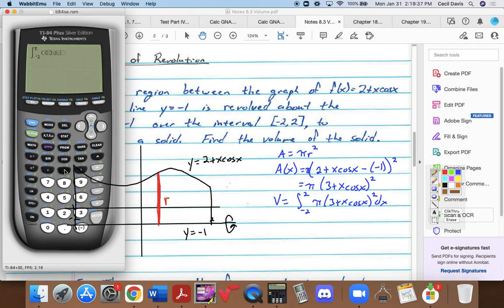I can retype it, or I can go, yeah, it was the first function minus the second function. It's about the same number of button pushes. It's 44.316.